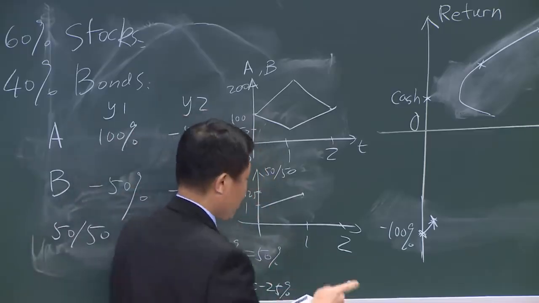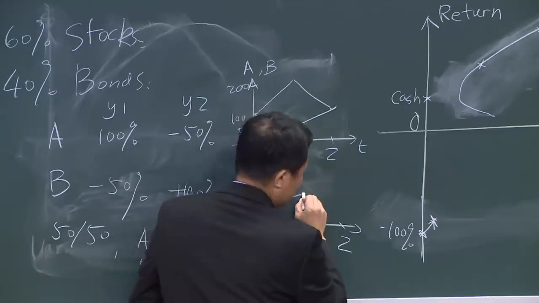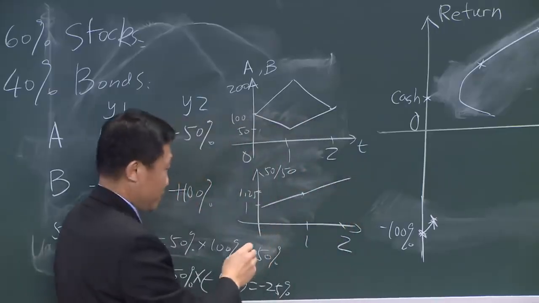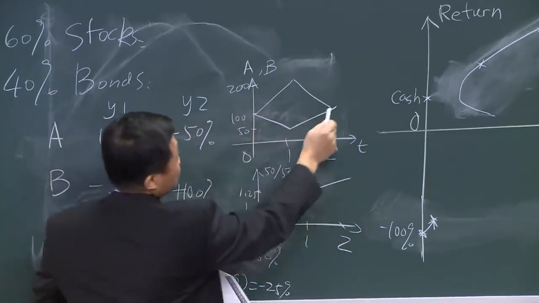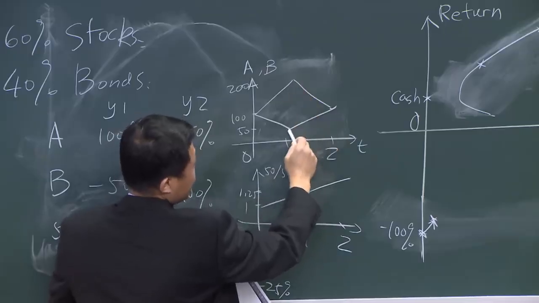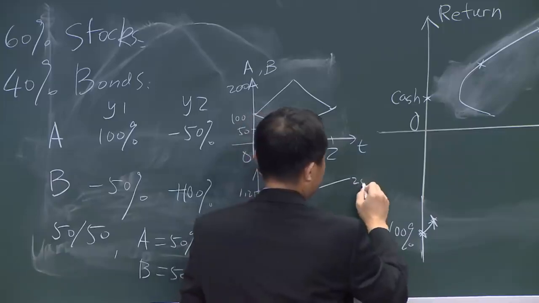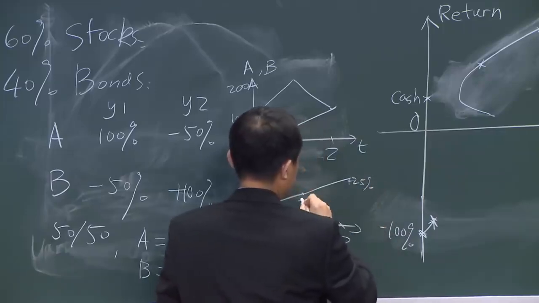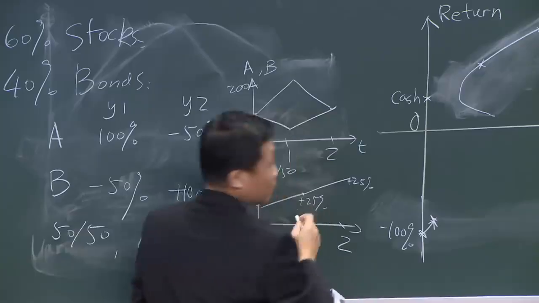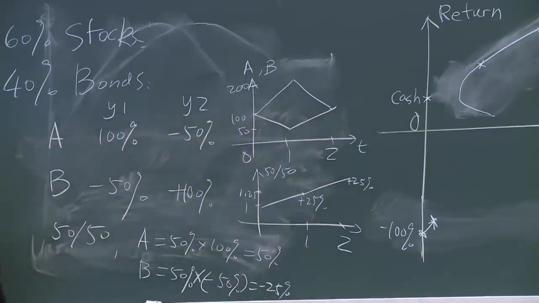Again, you can figure out the math. But what happens in the following year, when you have this move, this comes back 50%, this goes up 100%. You return another 25% positively without volatility. So you have a straight line.